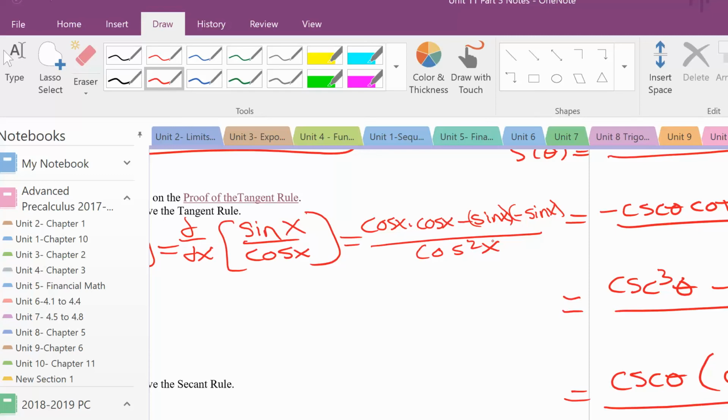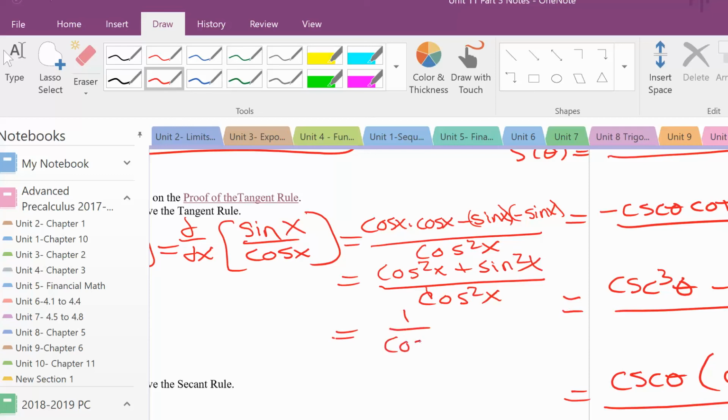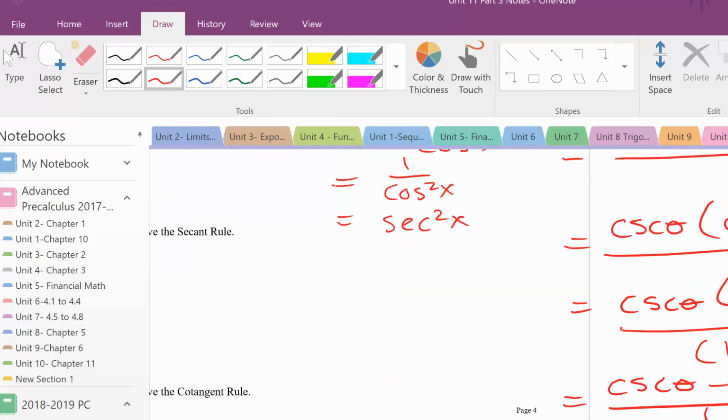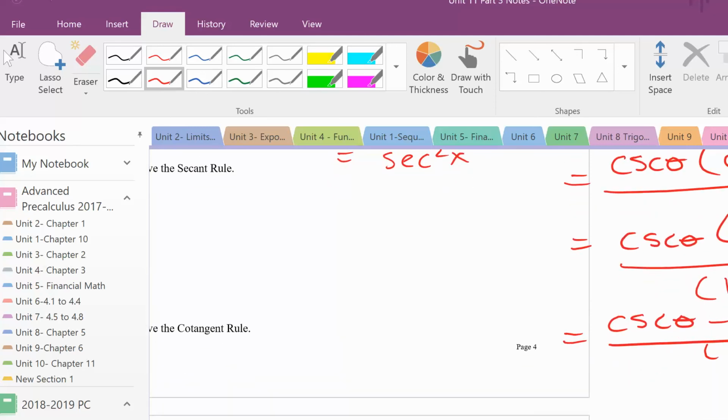So then you're going to get cosine squared plus sine squared over cosine squared. And notice that becomes 1 over cosine squared, which is equal to the secant squared. So that's how the derivative of the tangent becomes secant squared.